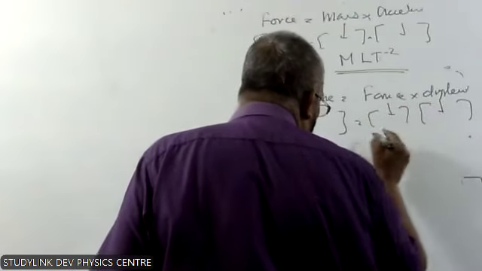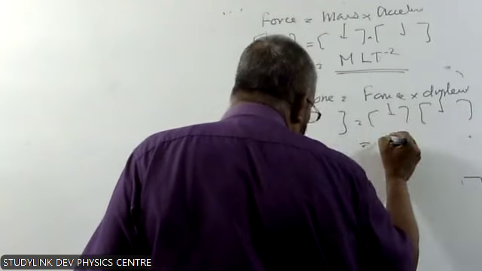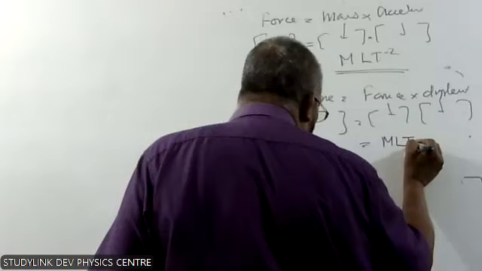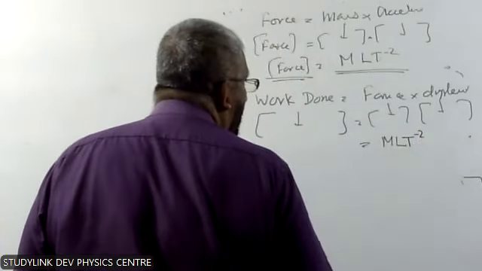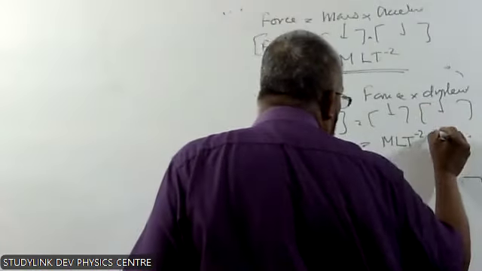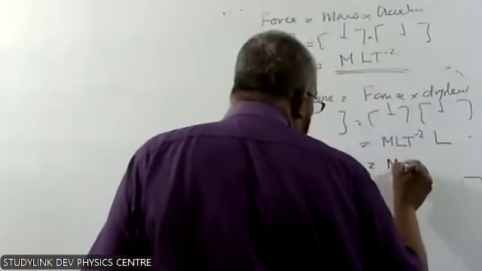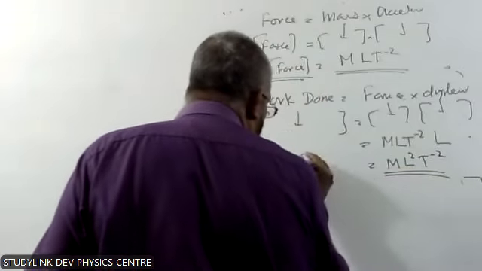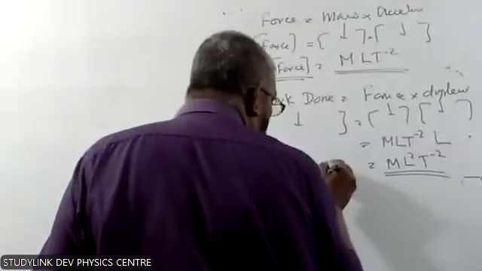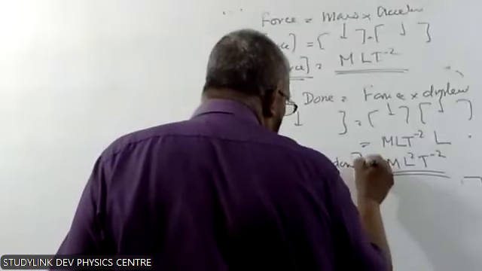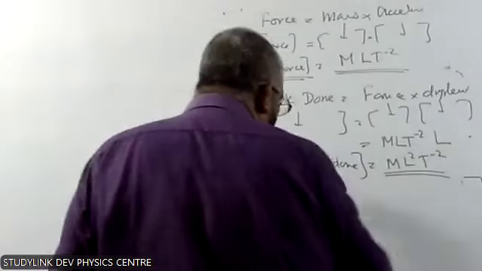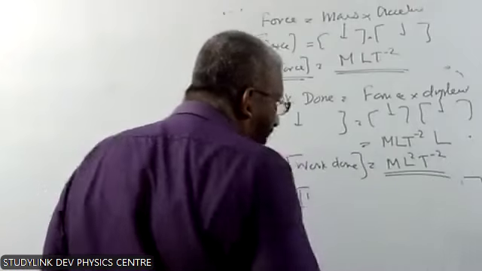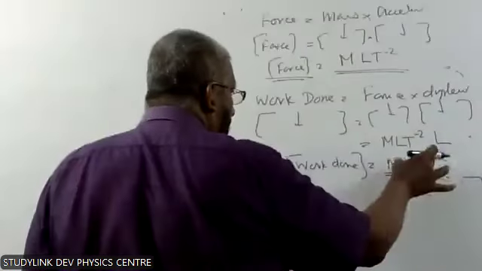Force has dimension MLT minus 2. Dimension of displacement is L. So this is ML square T minus 2. That is the dimension of work done. But remember, dimension of work done must be equal to dimensions of energy. Therefore, the energy dimension is also this.